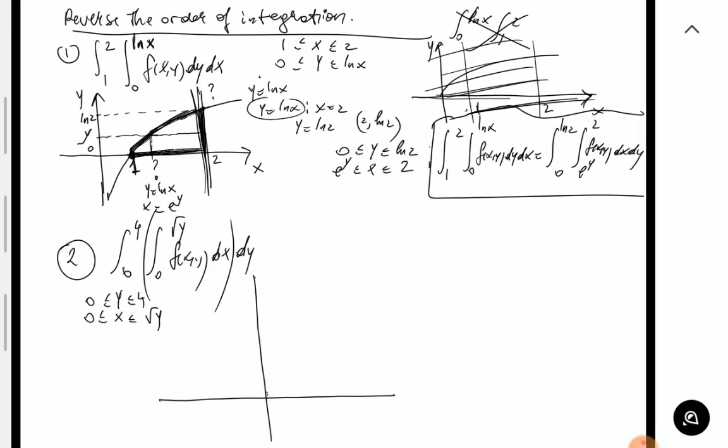So it's going to be this parabola here. And then x equals 0, which is the y-axis. And then y between 0 and 4. So the domain in question is this.